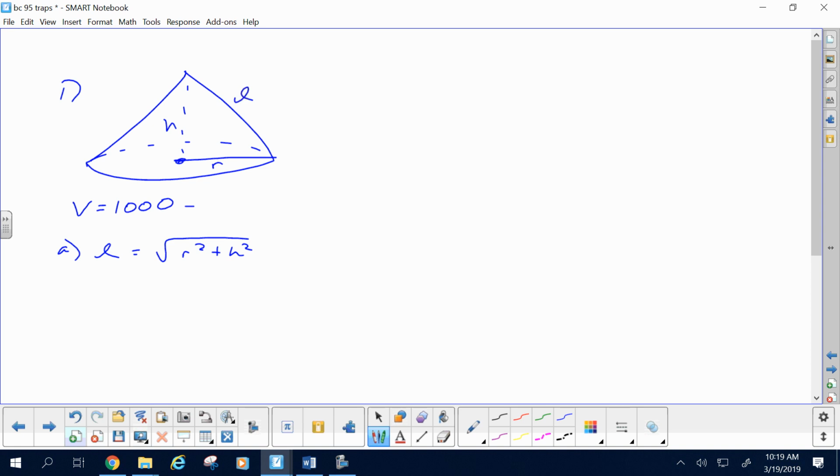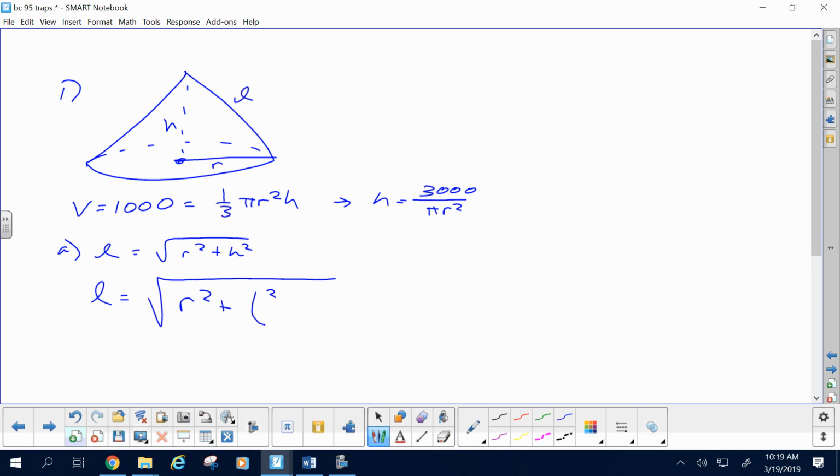The fact that volume is 1/3 pi r squared h allows you to say that h is 3,000 over pi r squared. Do you agree? So L is the square root of r squared plus 3,000 over pi r squared, squared.